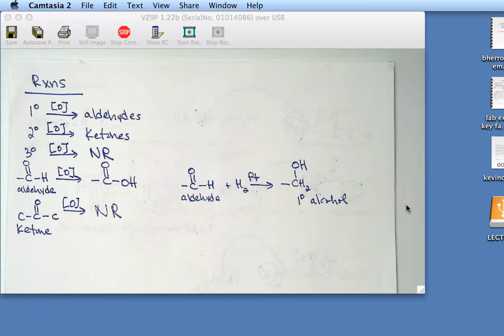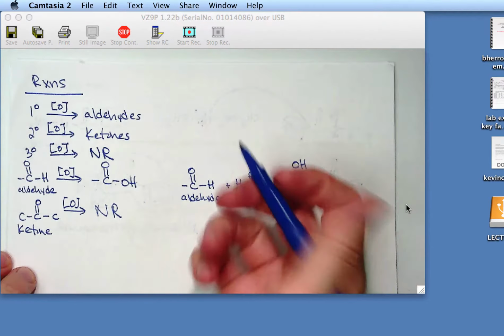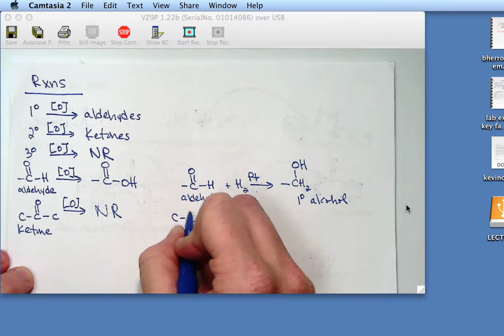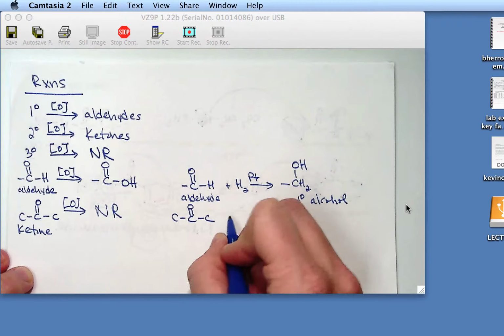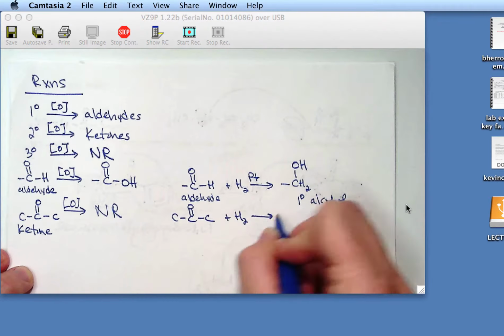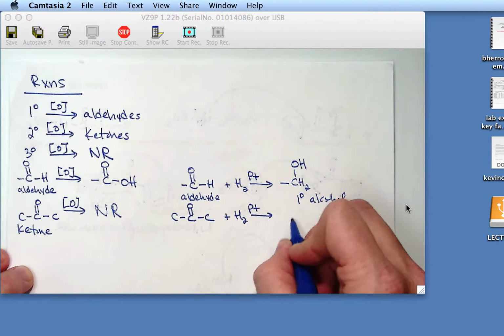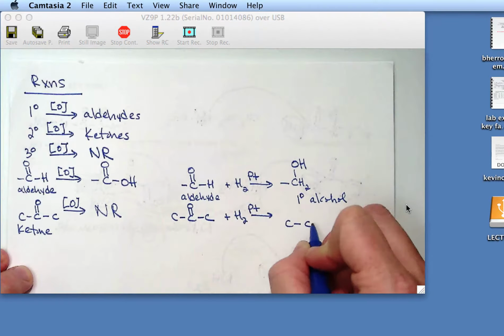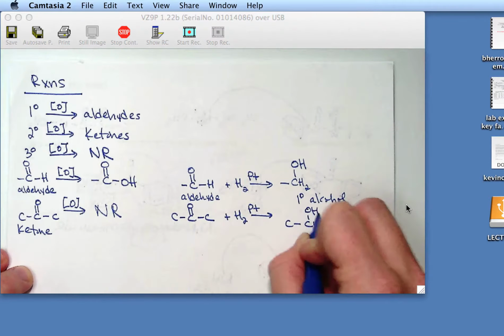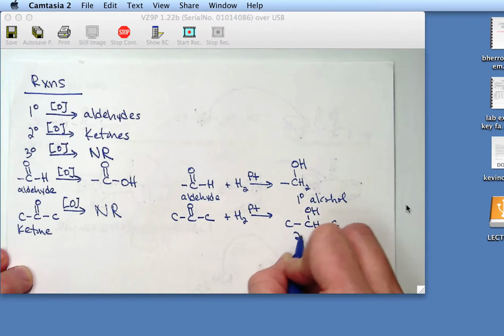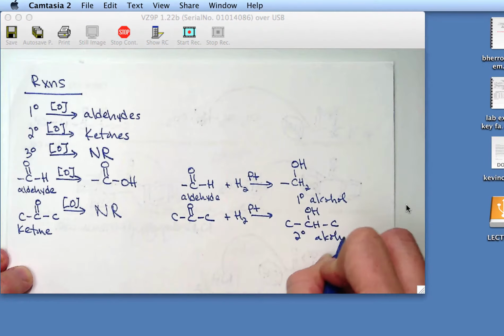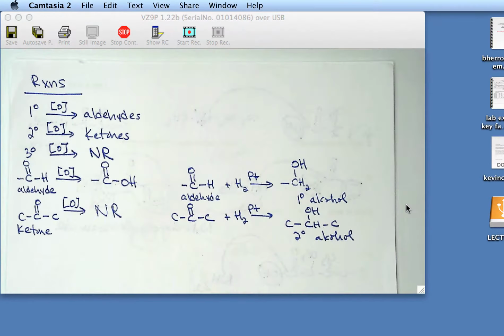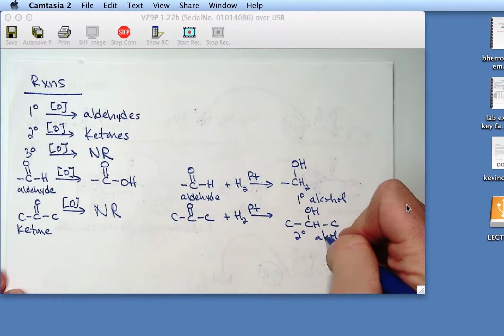The other reduction reaction that we learned about was a ketone being reduced. So ketones can get reduced. They can't get oxidized. So you end up with a secondary alcohol.